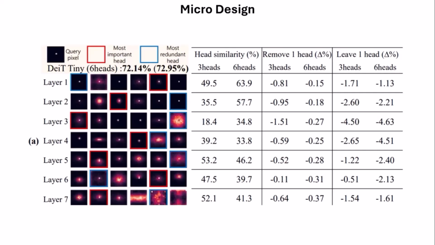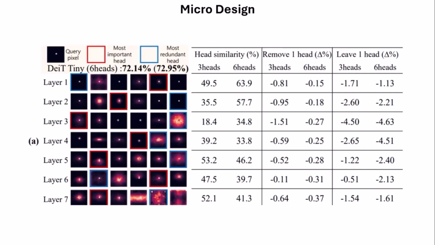So that's probably the reason why they replace it with depthwise convolution, because depthwise convolution is what is good for extracting local information, right? And the most redundant ones, like this one, or this one, or this one, they're all trying to extract global information.